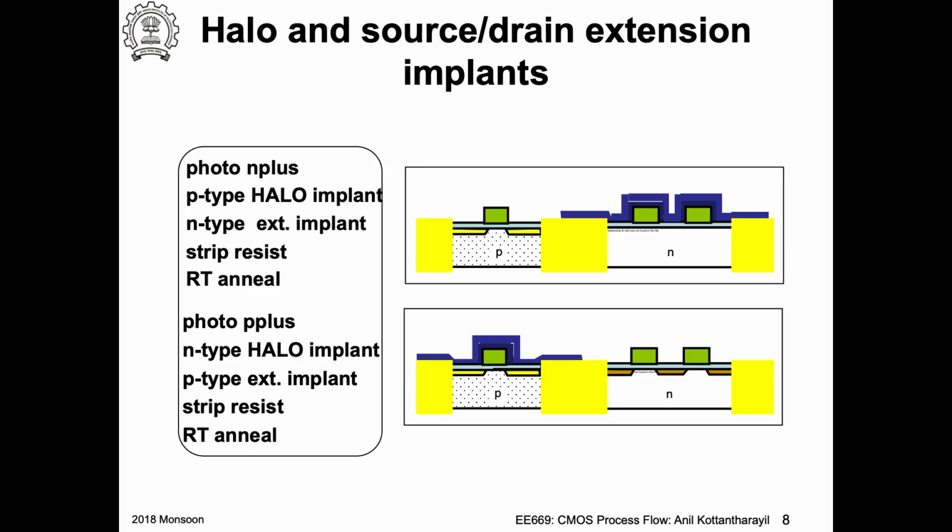So we are saying on this slide that the N-channel transistor implants are done first, and then the P-channel transistor implants are done subsequently. Why can't we do it the other way around, that we do the P-channel implants first, and then the N-channel implants?